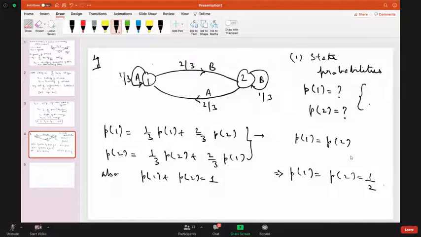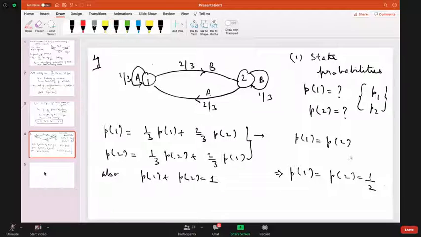In some books they are denoted by P1 and P2, which are synonymous notations for these quantities. So that was the first part that we had to evaluate.